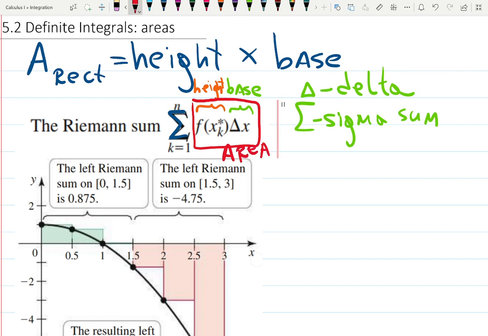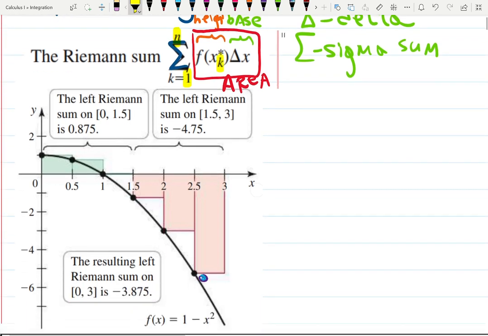And then you keep changing the counter. k is the counter. If you already code, you know very well what a counter is. A dummy variable, or just an integer counting from 1 to n. So I'm adding up all the rectangles from 1 to n. Sum means adding up all the areas, and it gives you an approximation: left, under approximation, over approximation, and so on.